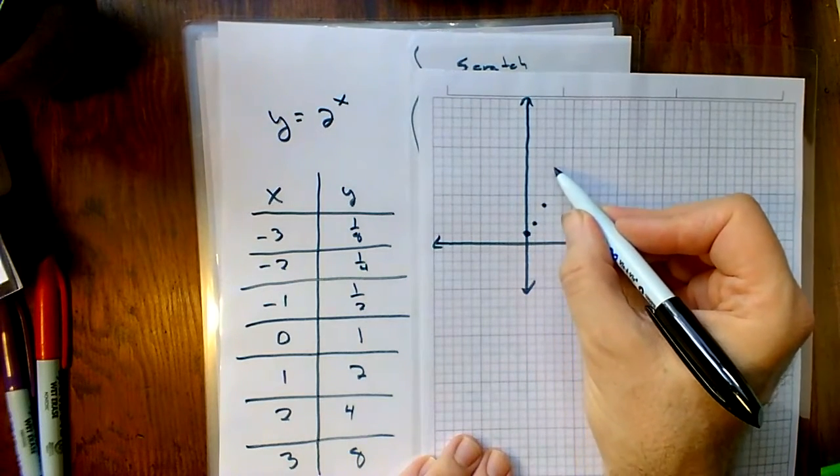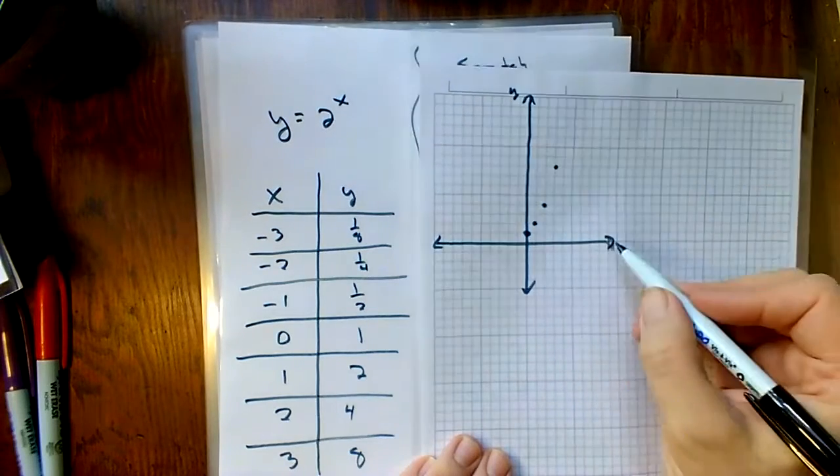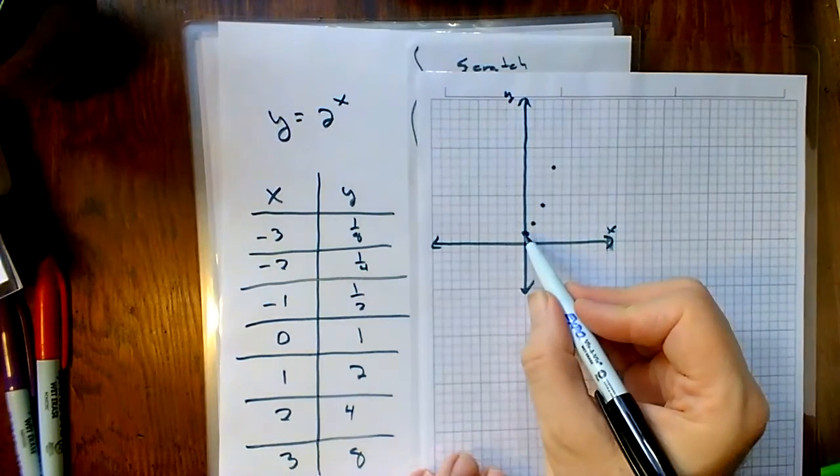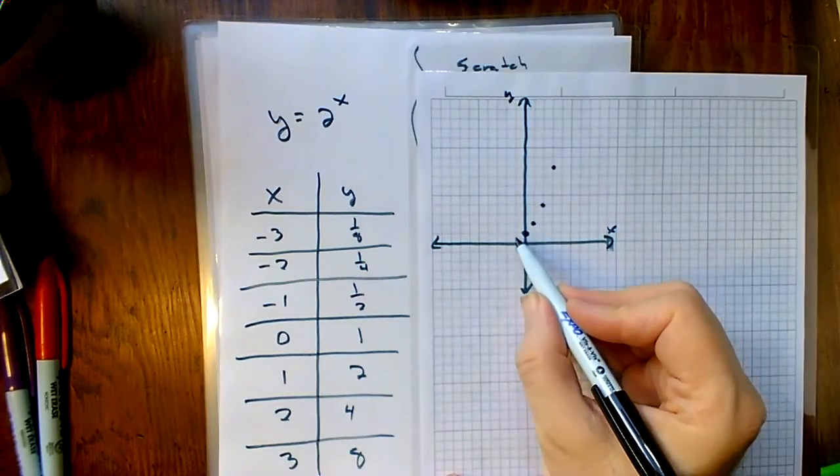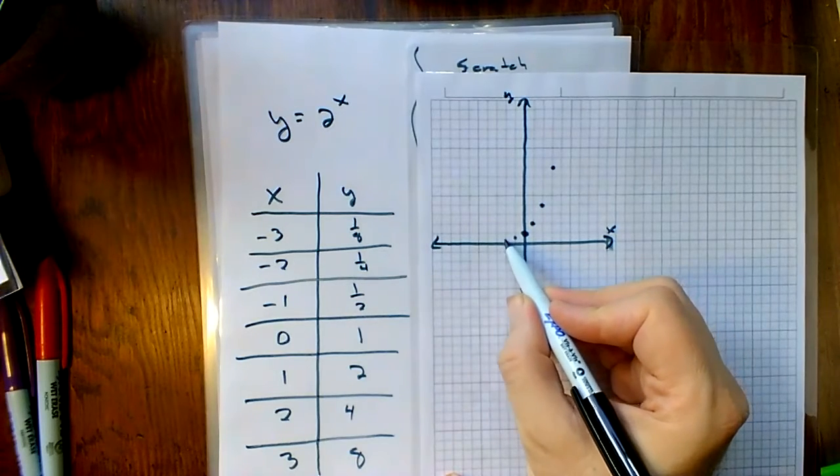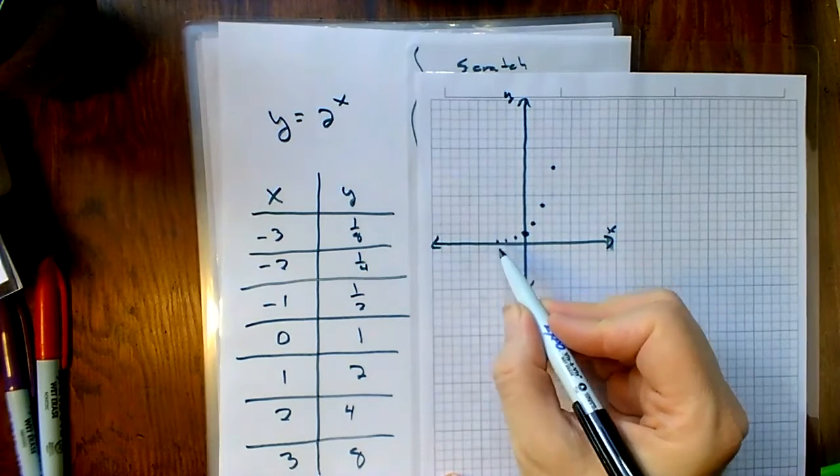Here's my y and x. And then going the other way, every single time I go half what was there before.